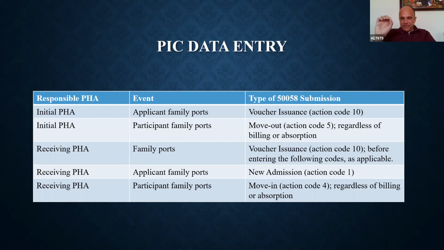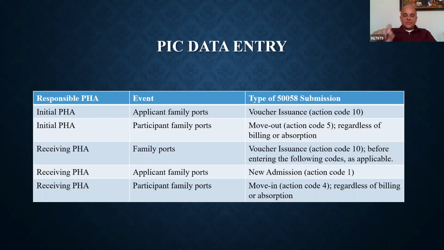Now, normally when the family moves out, the initial PHA is also going to do a move out, what we call a portable move out, code number 5. This is what signals the PIC system that a family is ported from the initial PHA's jurisdiction and will be moving to another jurisdiction. On the other end of that, the receiving PHA will also issue a voucher issuance or a code 10, and then later on we'll do a portability move-in.